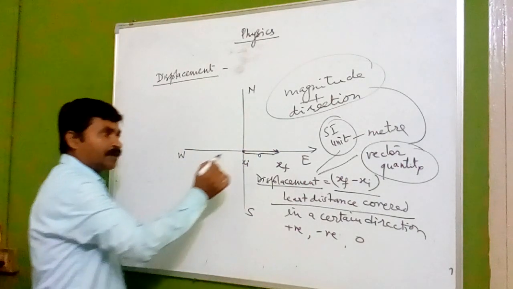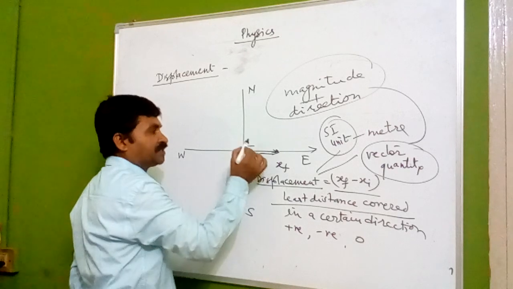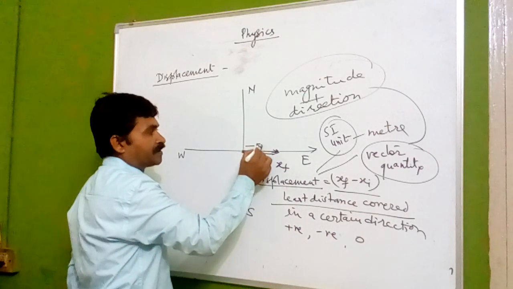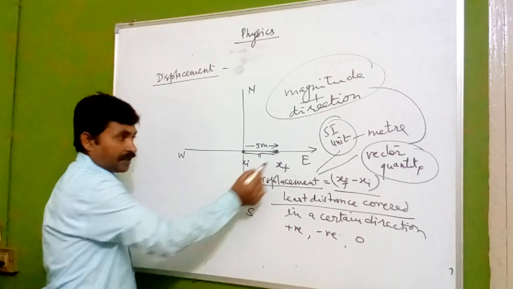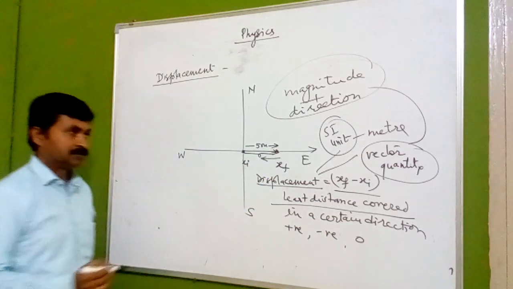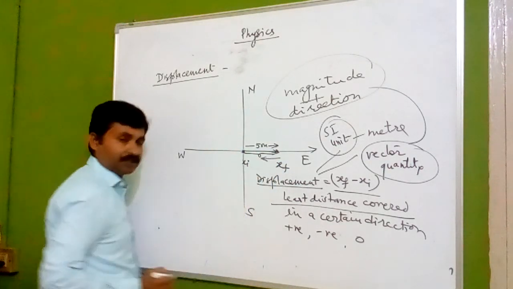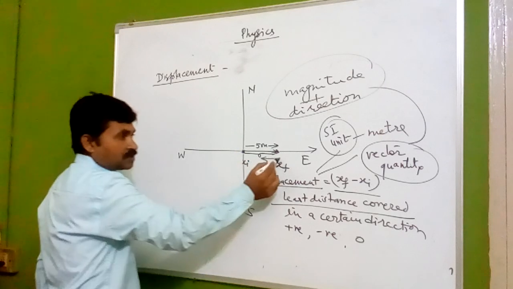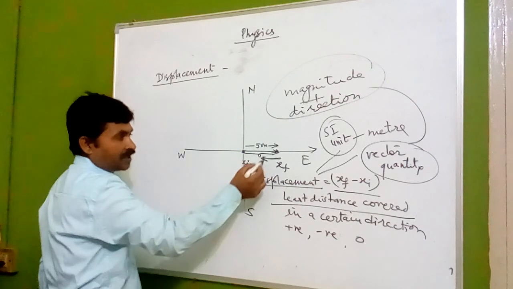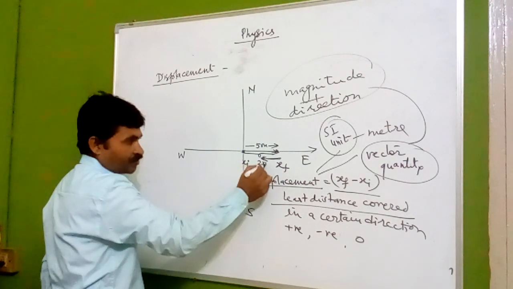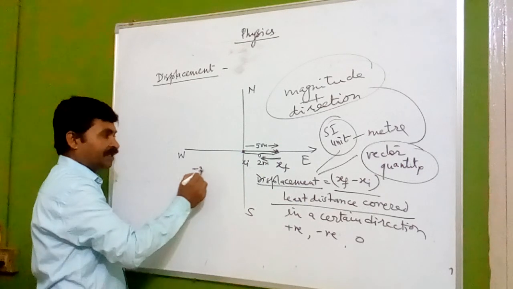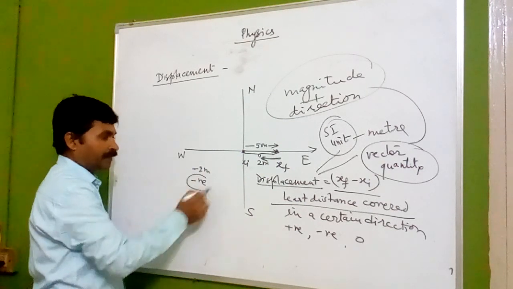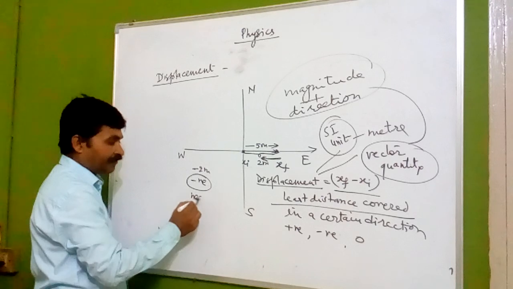Suppose you are moving from this point to this point, say 5 meter, and then we are moving in the opposite direction, and the distance covered is 2 meter for an example. So 2 meter will be the negative one. It will be the negative displacement.